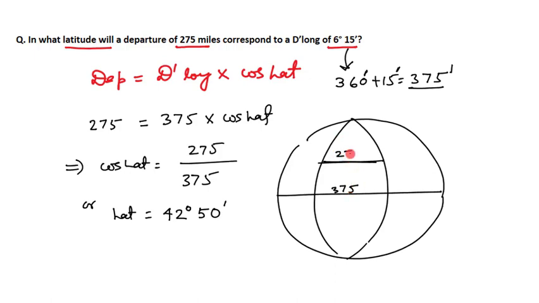Then departure is 275 here, which can be in the north side also, and it can also be in the southern hemisphere. Let me just write here north pole and south pole. So the latitude can be this one, 42 degree 50 minute south, and that can be north also. So let's write the answer north or south.